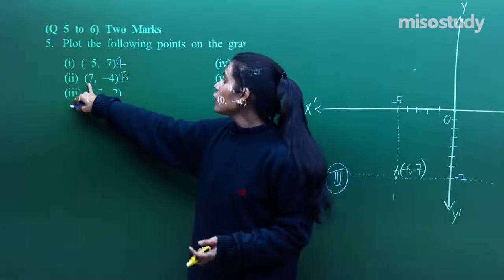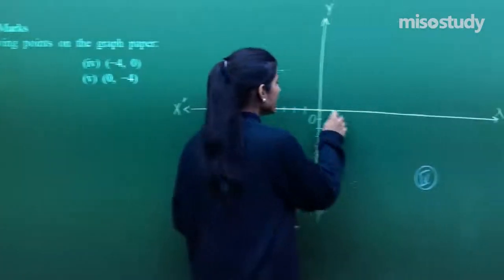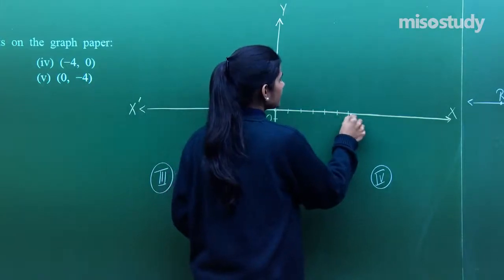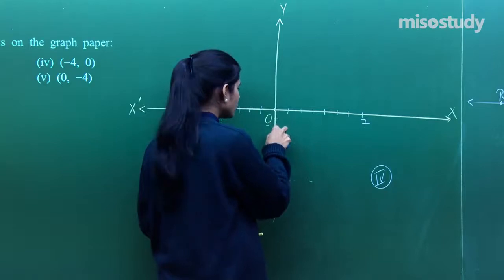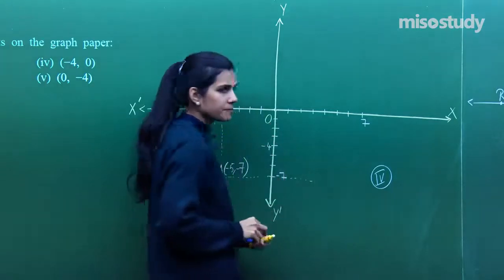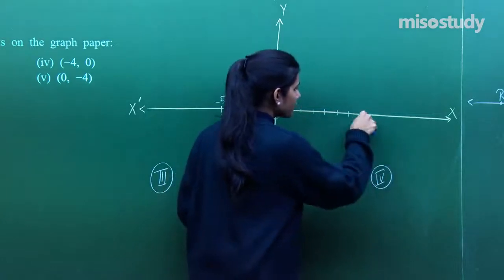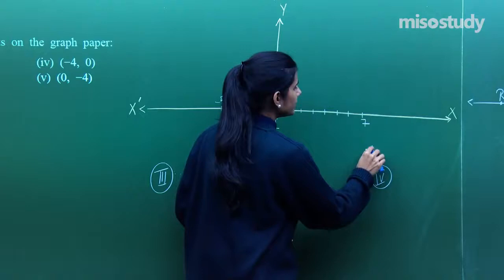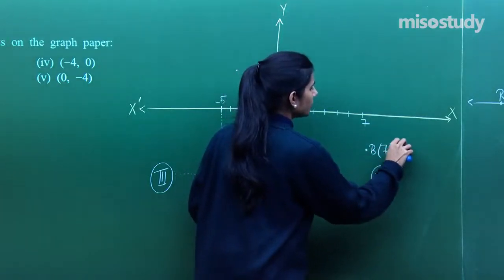Move 7 units along the positive x-axis and 4 units along the negative y-axis. 7 units here: 1, 2, 3, 4, 5, 6 and 7. And 4 units along the negative y-axis: 1, 2, 3, 4, this is -4. Now from here you draw a line parallel to the x-axis and from here a line parallel to the y-axis. Somewhere here both the lines would intersect, and this would be your point (7, -4).